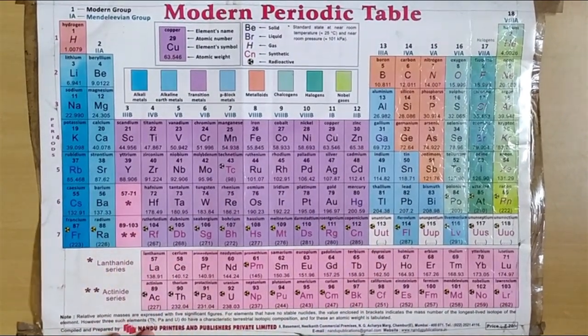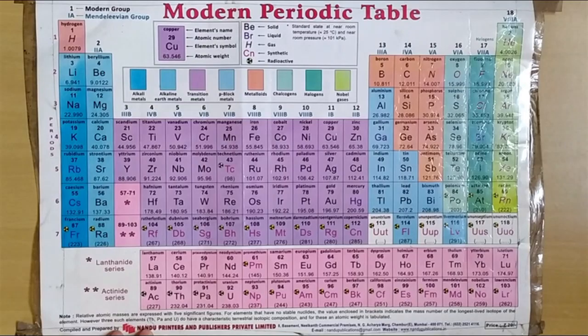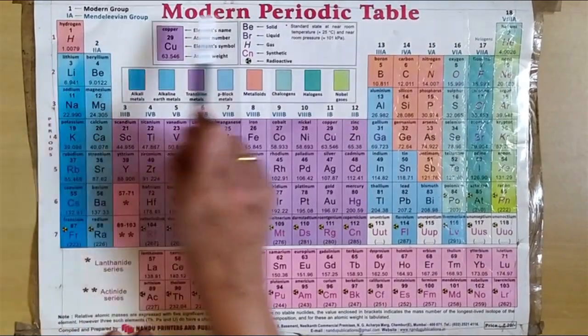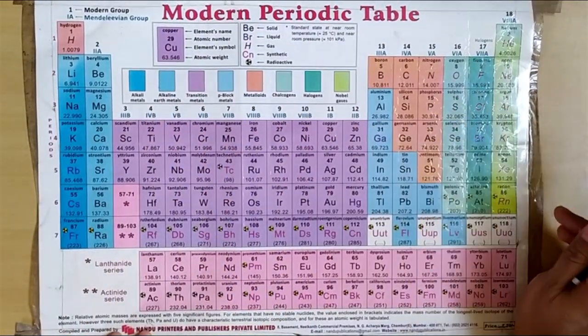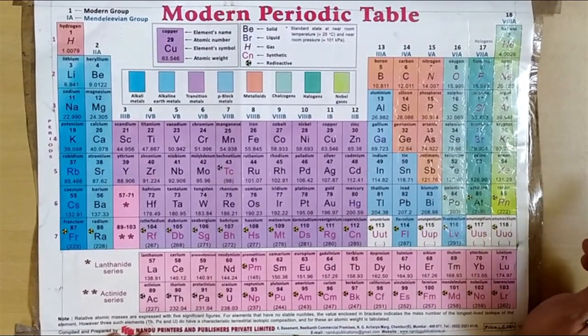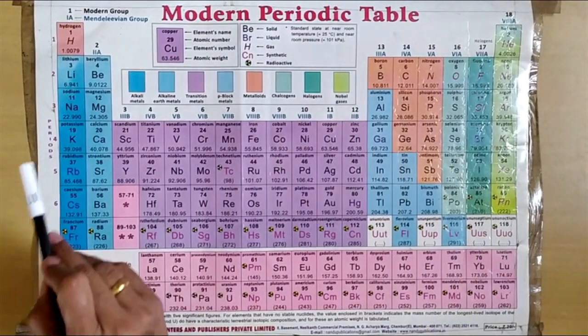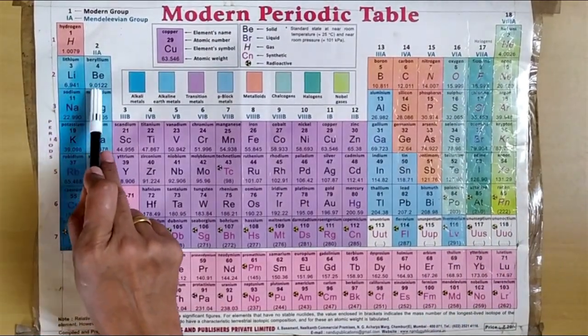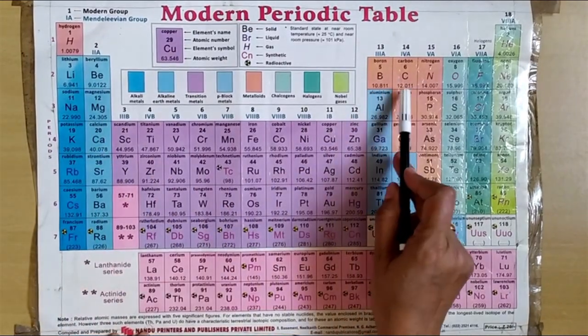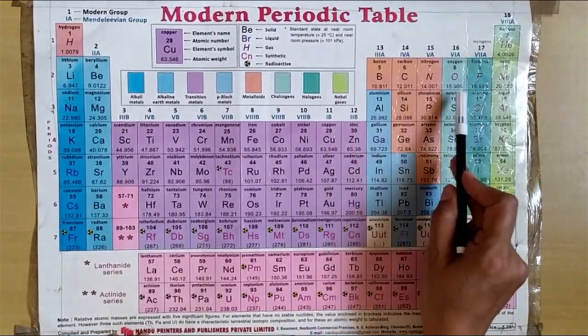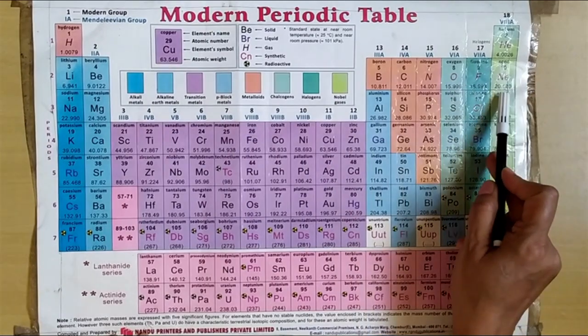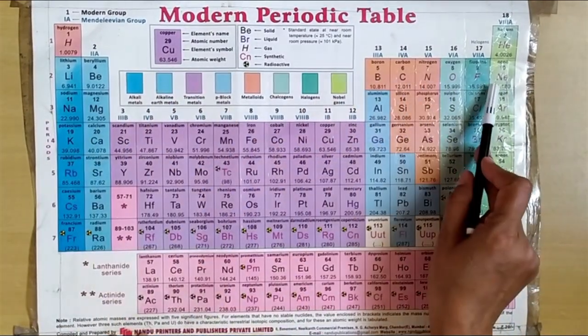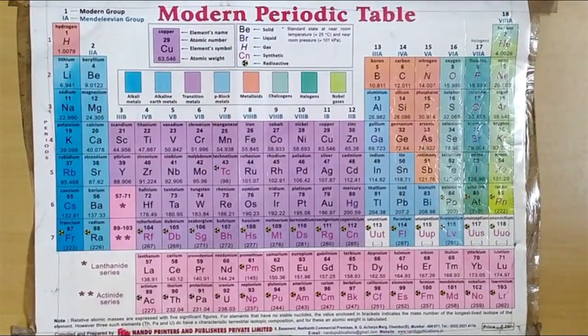Now the first period consists of hydrogen and helium, which means there are only 2 elements in the first period. The second period consists of lithium, beryllium, boron, carbon, nitrogen, oxygen, fluorine, neon. In this way the second period is identified.